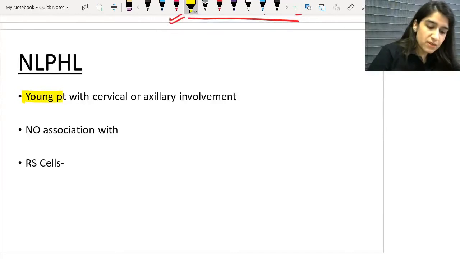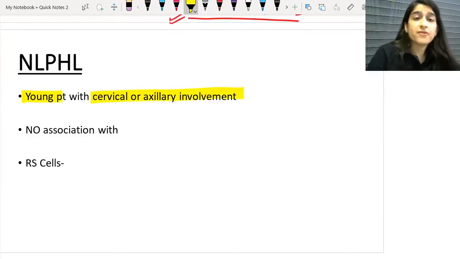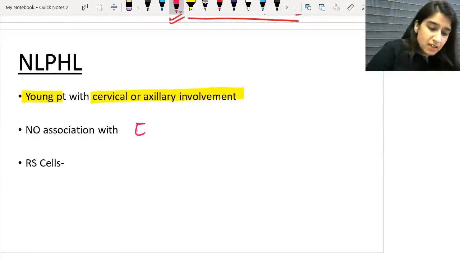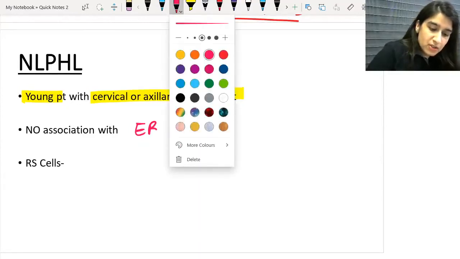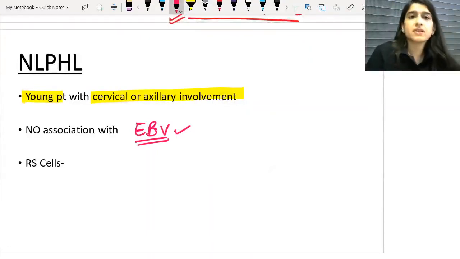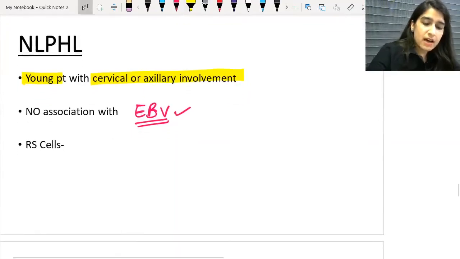A very, very important MCQ which has been asked: in the patients of NLPHL, there is no association with EBV virus.